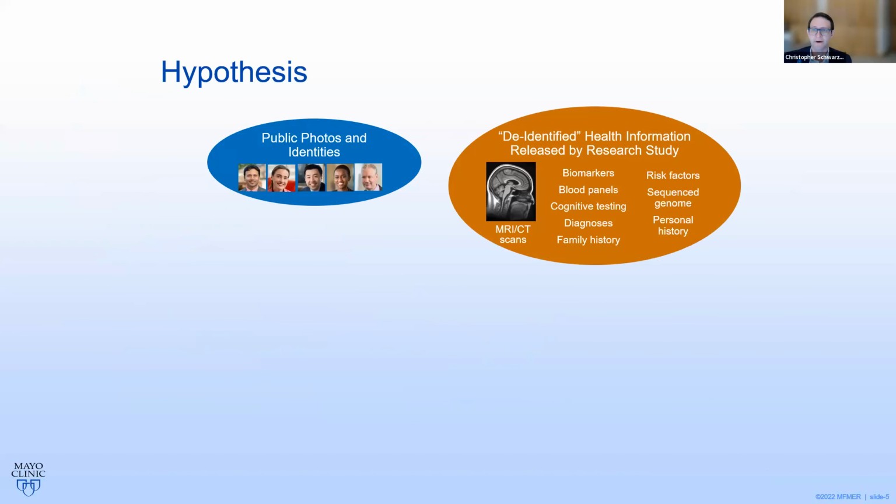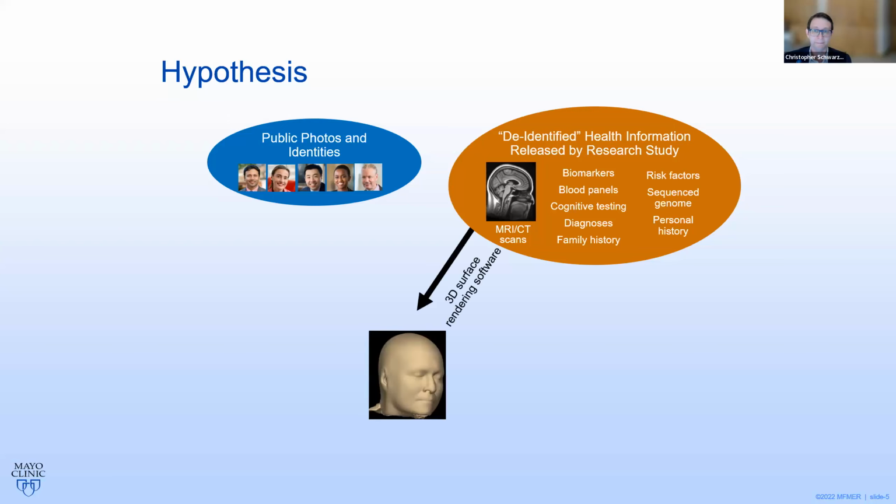So if we think about a research study, something like ADNI, but many others as well, de-identified health information is released by the research study. It includes brain scans, but it also has biomarkers, blood panels, cognitive testing, diagnoses, family history, maybe your complete genome. And here in the modern era, most people have public photographs and identities out on the internet. Just get it off of Facebook or what have you.